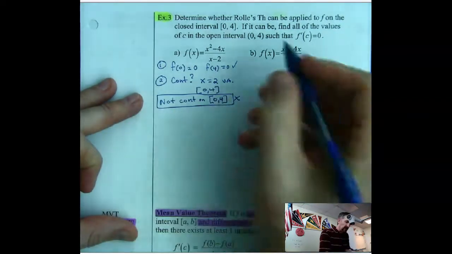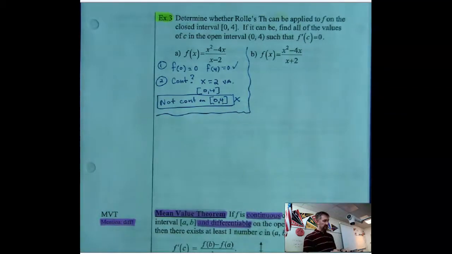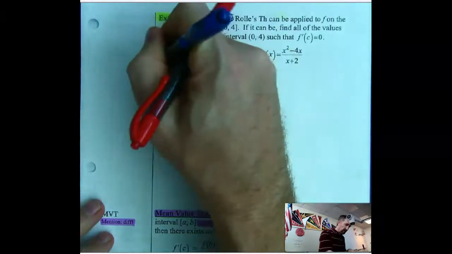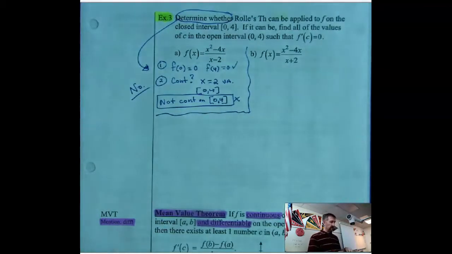So we can't really do that. We can't use Rolle's theorem because it's not continuous. So that's determine whether, no, we can't. So let's try it again.